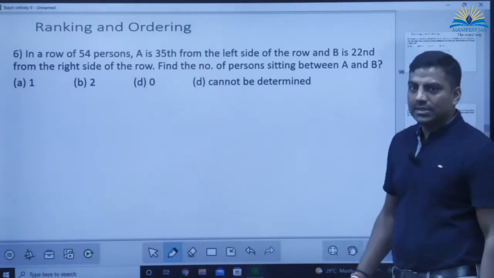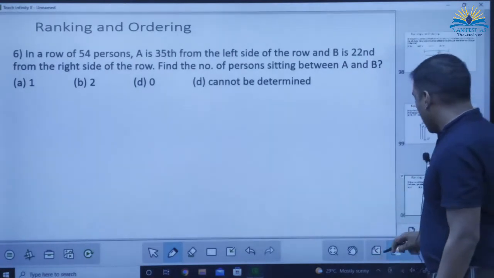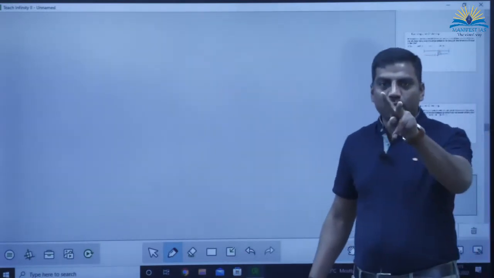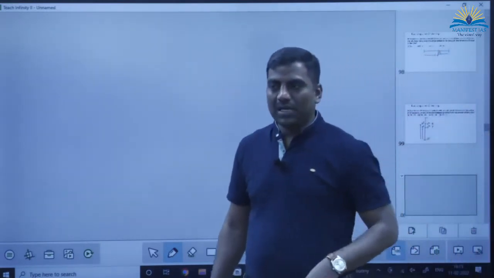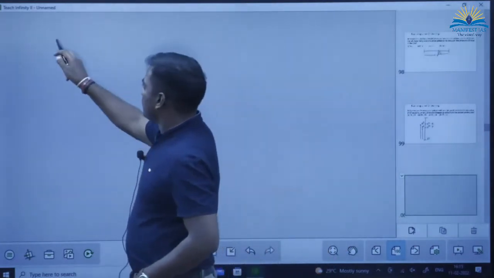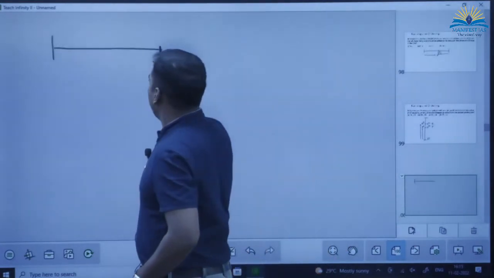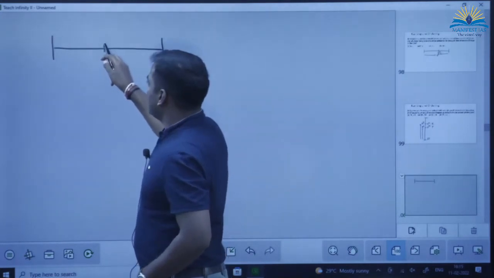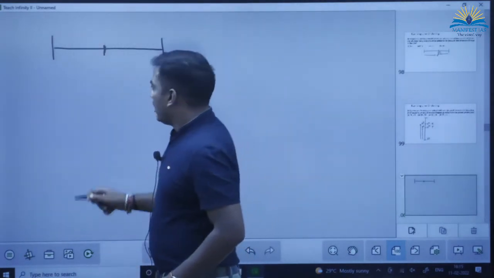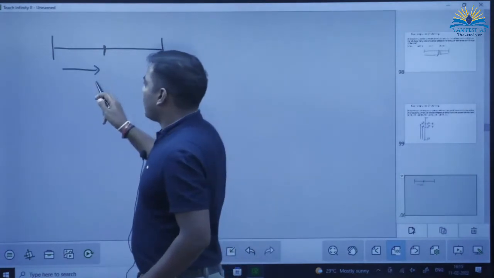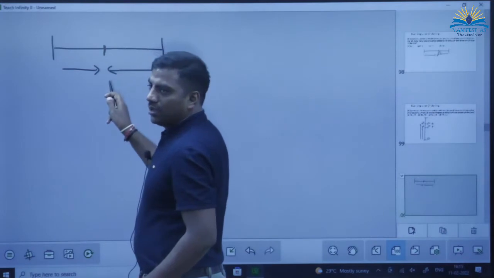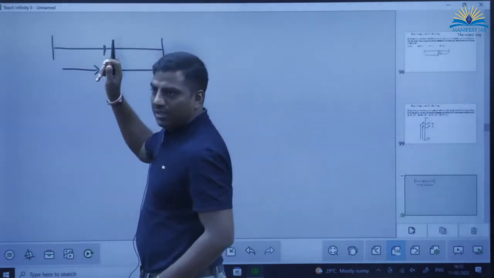This is a new application where two people are coming. In the earlier problems, we saw one person somewhere in between the line, and if we know his position from the left and the right, we can have the total number of people in the row.